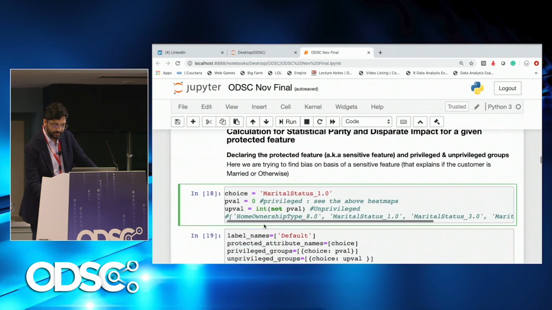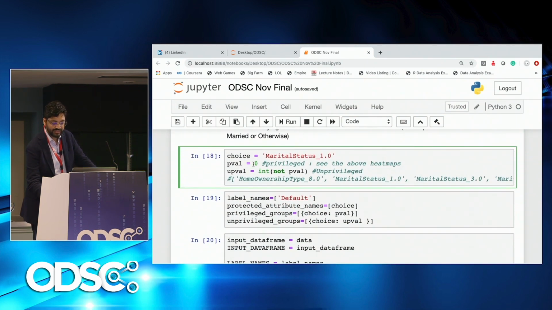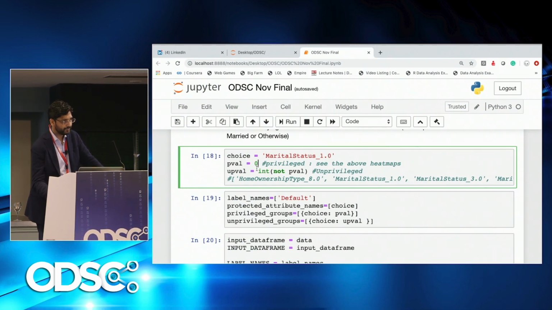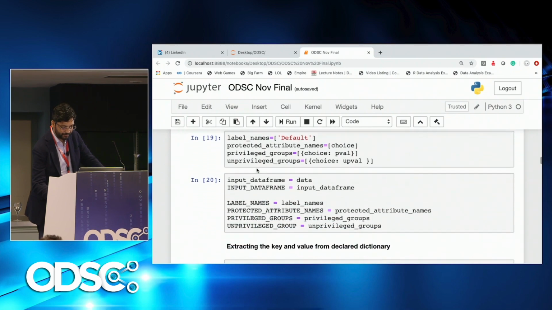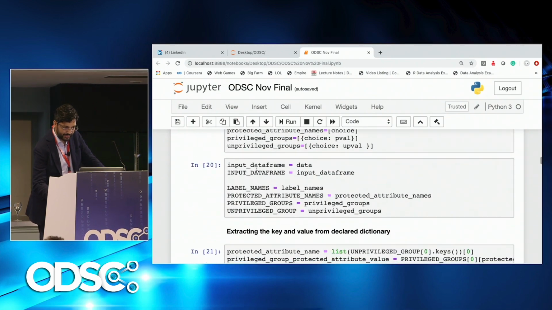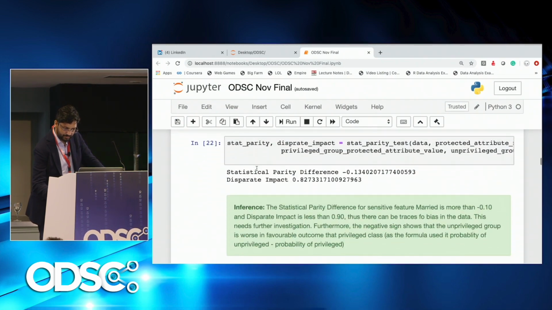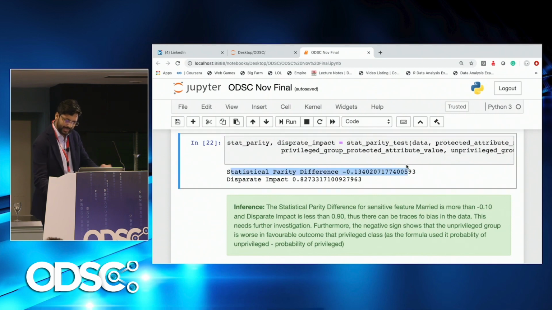So you have to be very, very careful when you choose your privileged and unprivileged groups. Even if you're not careful, nothing bad would happen, but everything would be negative. Instead of getting a positive number, you'll get a negative, right?